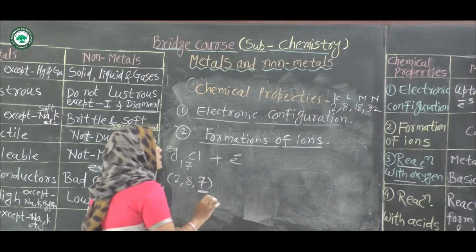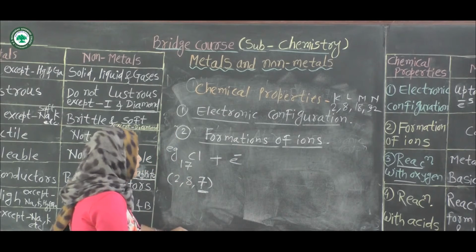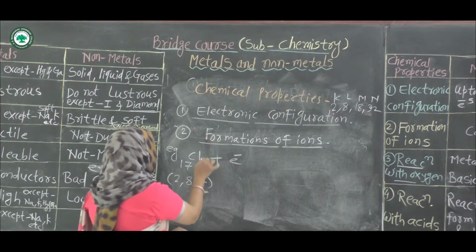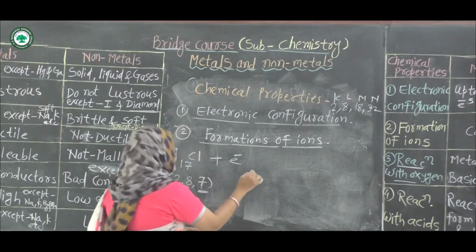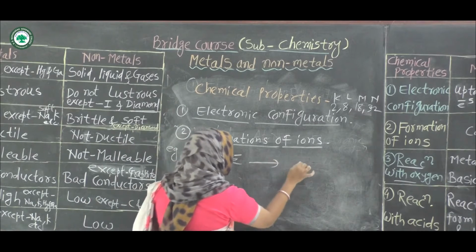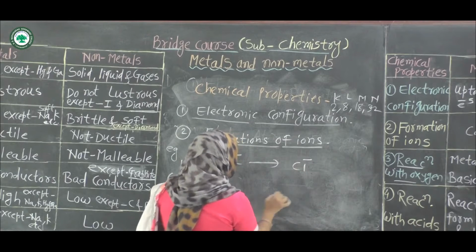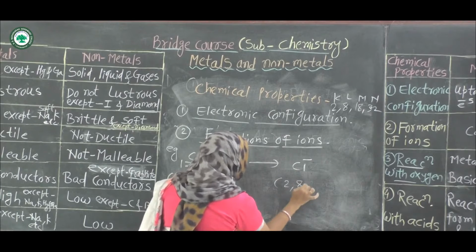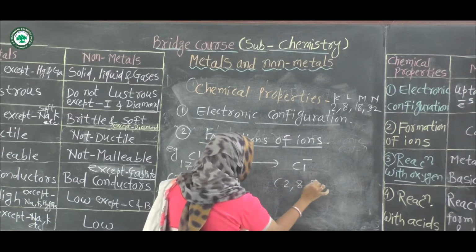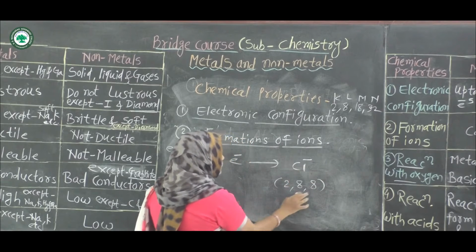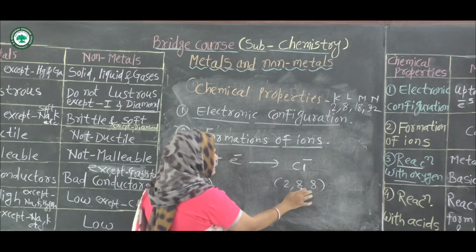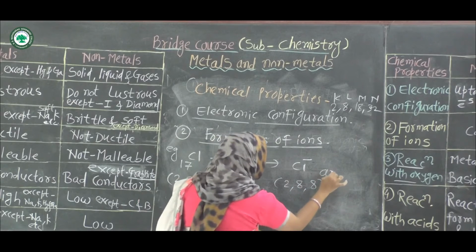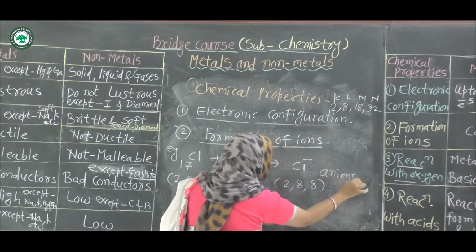We know that non-metals gain electrons, and so chlorine gains 1 electron to form Cl- ions, chloride anions, and their electronic configuration is 2, 8, 8. There are 18 electrons, 2, 8, 8, and it is called an anion.